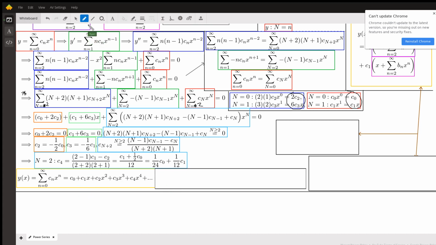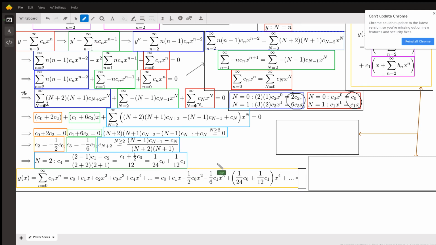I'm going to leave C0 and C1x as is. And now I can replace C2 with minus 1/2 C0 x squared, C3x cubed will get minus 1/6 C1x cubed, and C4 is (1 over 24 C0 plus 1 over 12 C1) x to the fourth, plus some other miscellaneous terms.